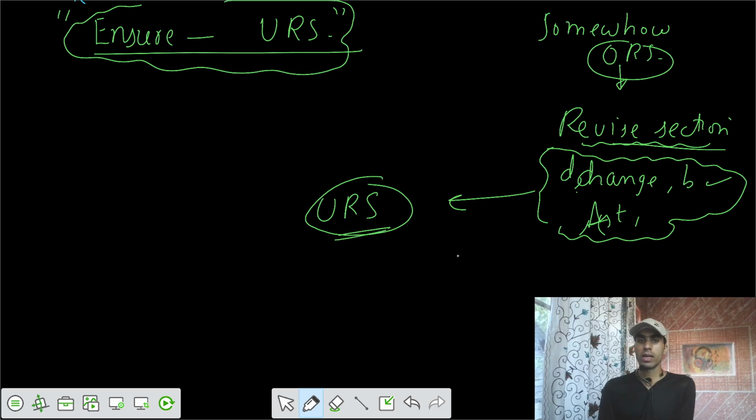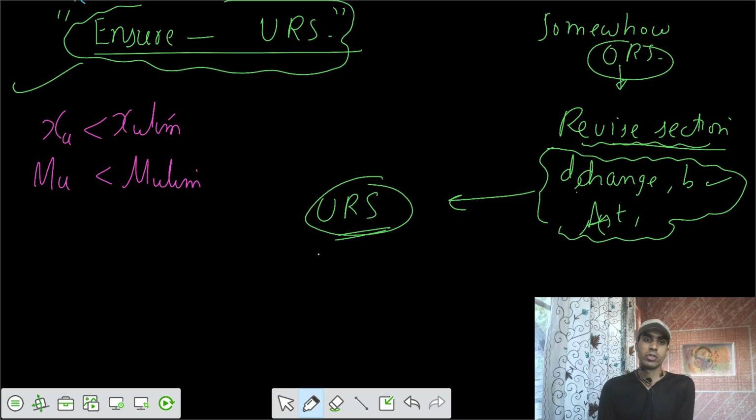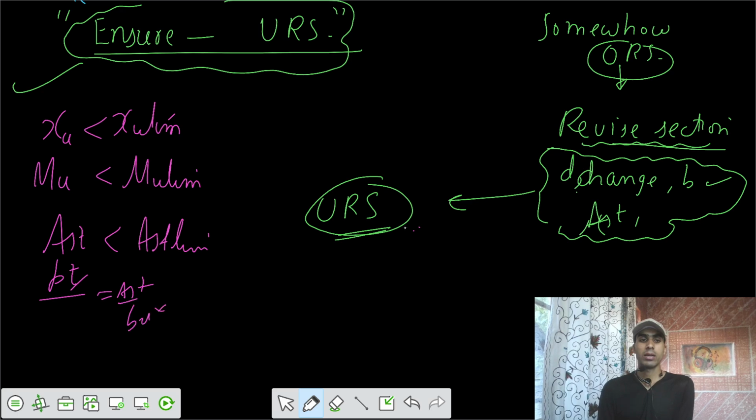And after that, we know that for the under reinforced section, we should have XU lesser than XU limiting. We should have MU lesser than MU limiting. And the third case is that we should have AST lesser than AST limiting, or we can write PT also, because PT is actually AST divided by BD and 100.